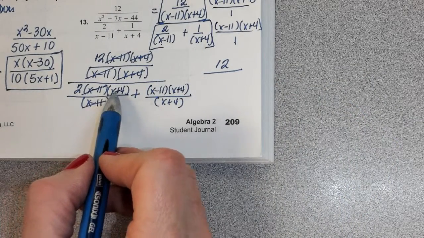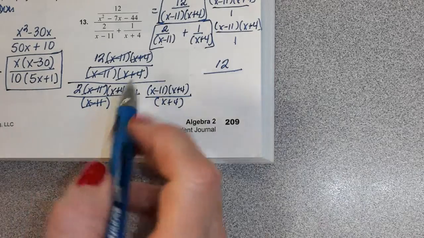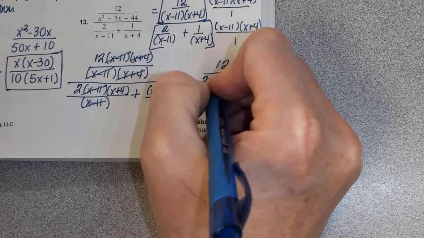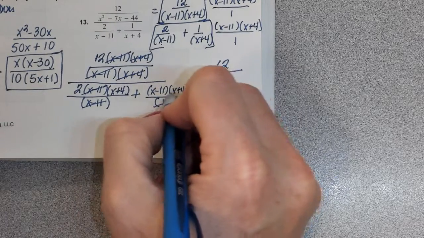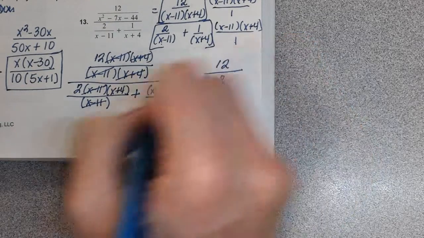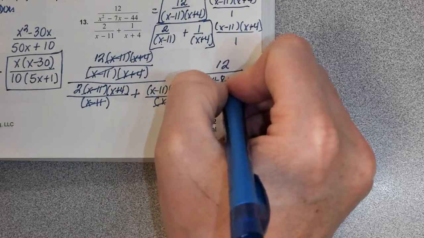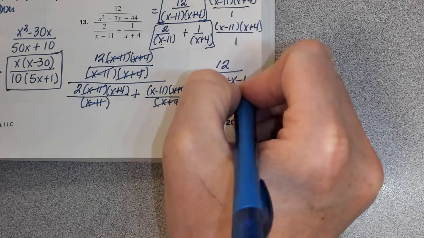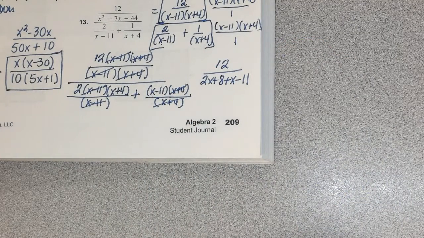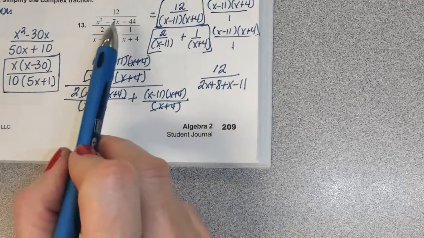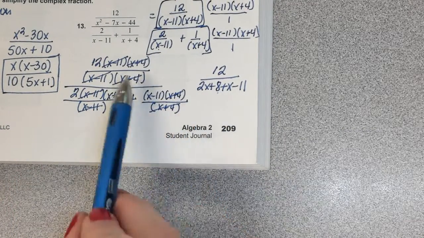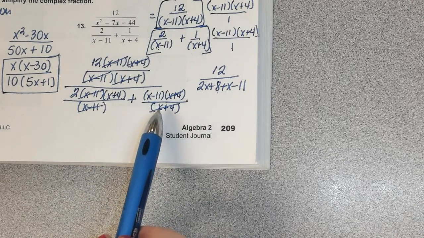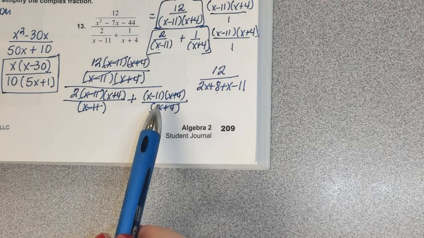What is 2 times x plus 4? 2x plus 8. On this term, the x plus 4's cancel, and I'm just left with plus x minus 11. So like I said, you guys can go directly from this down to this if you don't want to write all of that out. I'm just showing you the reason why it works.